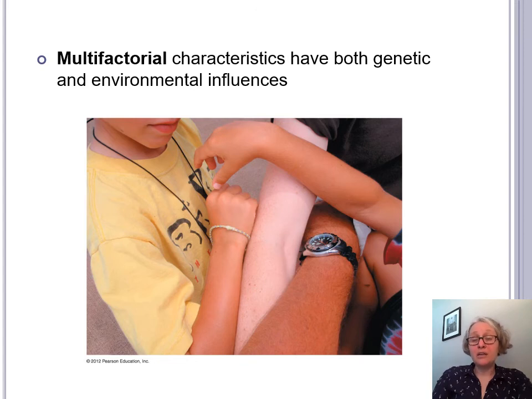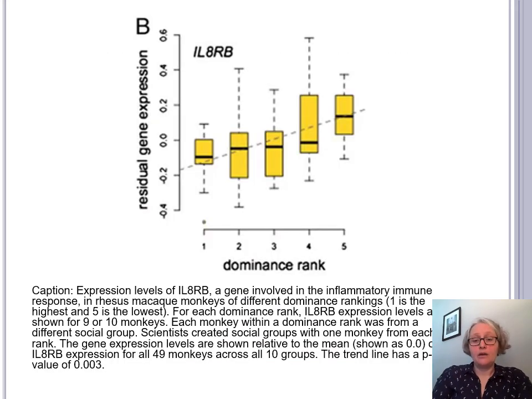Again, the environment, most of the time, I would say is at least 50% of the story, whereas the genetics are the other 50% of the story. Here's a great example of this happening in monkeys. What they found is that there is a gene, and this gene would get expressed differently based on whether they were dominant or not dominant.